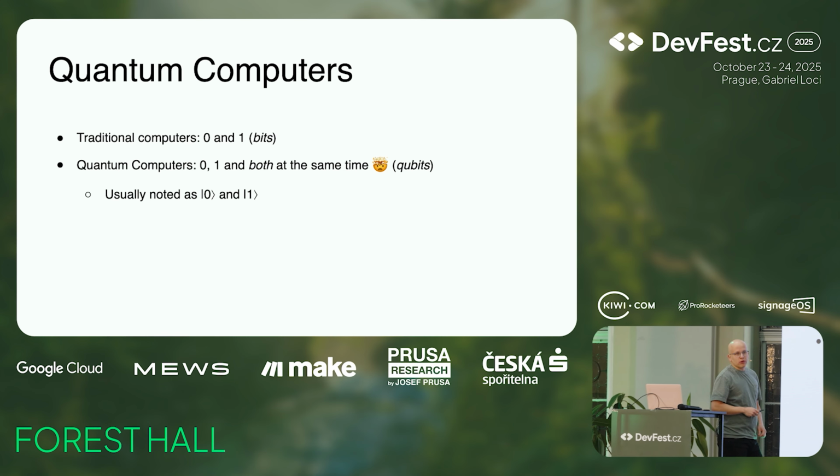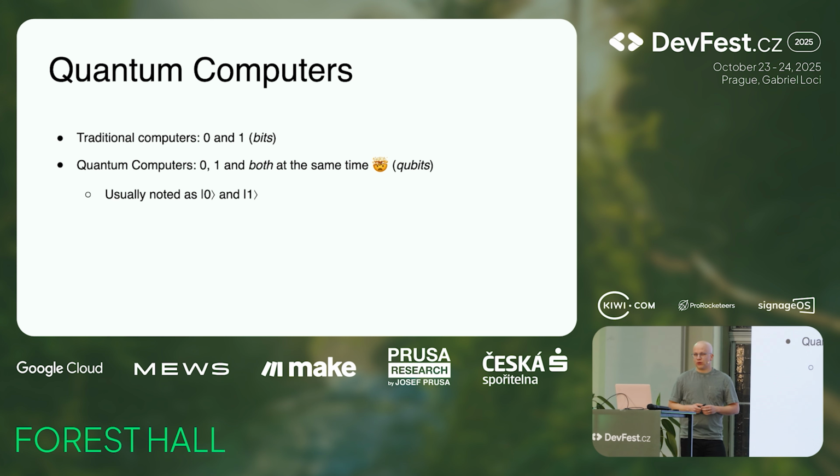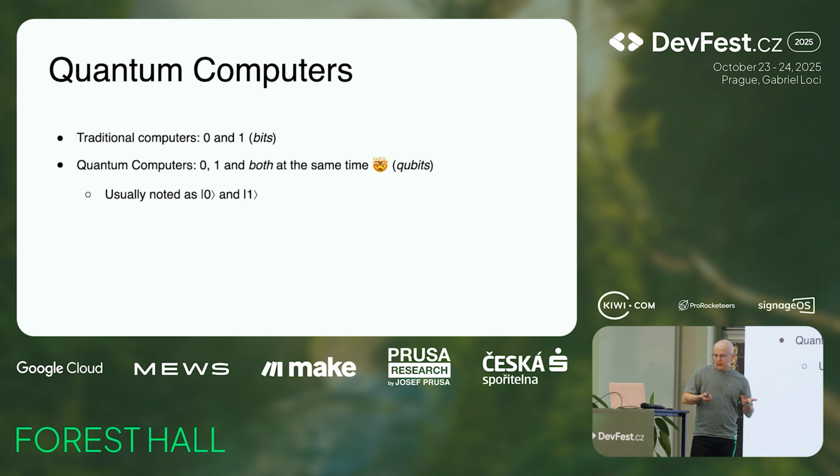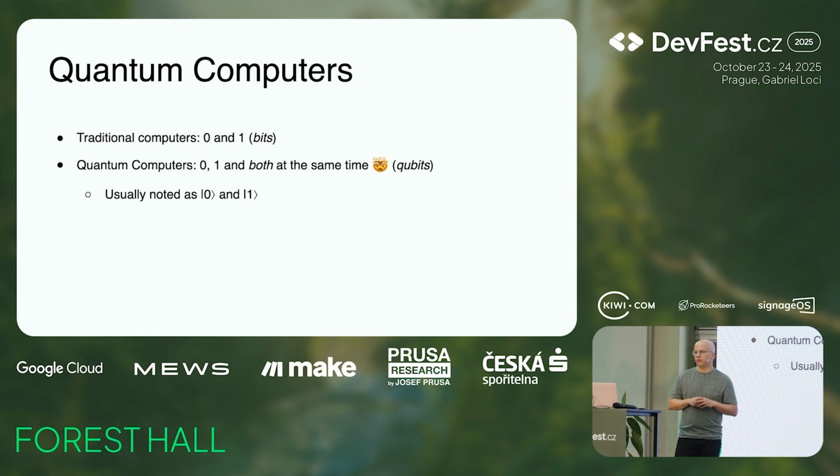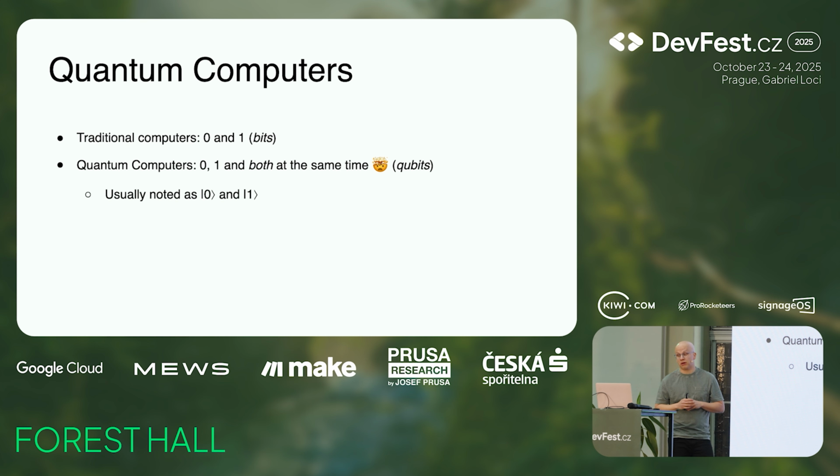In quantum computers, it gets a little bit weird. You can have 0, 1, or something in between. And something in between is not accurate. It is actually 0 or 1 or both at the same time, right? Which is very counterintuitive, and it's probably something that's puzzling you already.